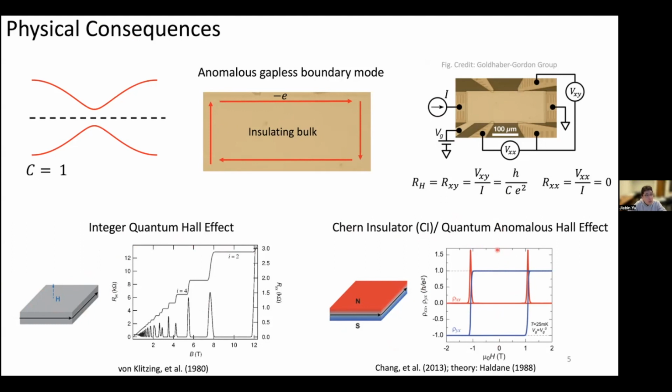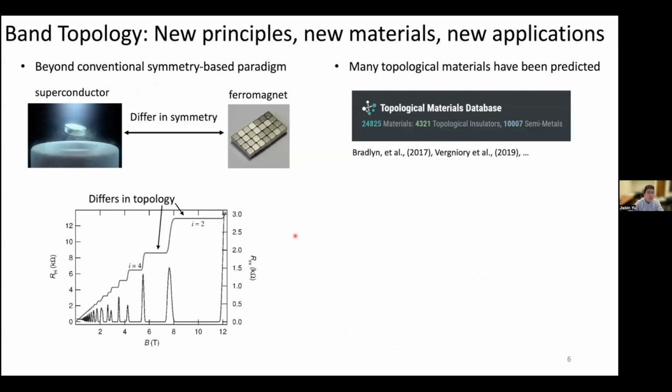Beyond these interesting phenomena, there are other reasons for people to care about non-trivial band topology. Conceptually, it provides a principle to classify physical matter beyond the conventional symmetry-based paradigm. In the conventional paradigm, superconductors and ferromagnets are distinguished by their different symmetry breaking, but symmetry breaking cannot distinguish different plateaus in the quantum Hall effect, because their difference is not in symmetries, but in topology.